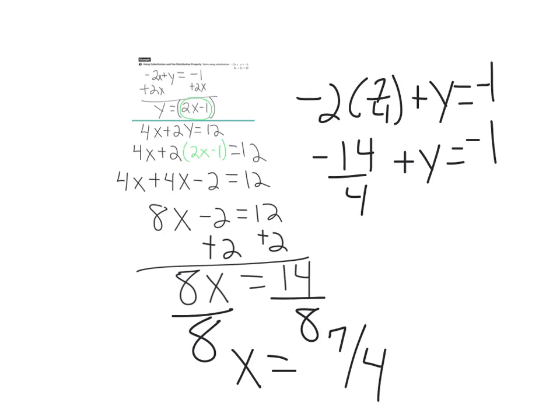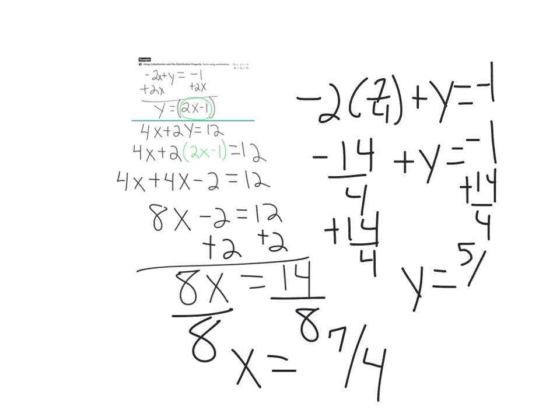And I'm going to add 14/4 to both sides. And I get y to equal, what am I getting here? Negative 4/4 plus 14/4 gives me 10/4, which is 5/2.